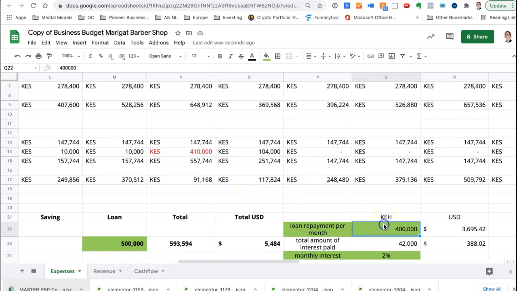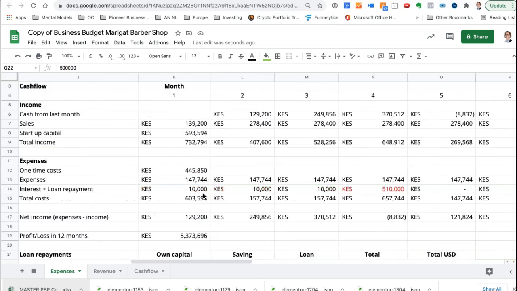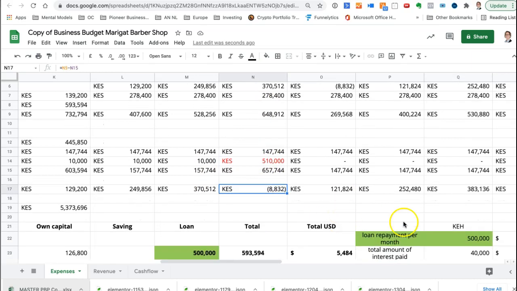But let's say it's 500,000 in 1 month. Here you see in month 4, you're going to lose money. So you can calculate how much pressure the loan repayment will have on your cash flow. In this case, you cannot pay this back because you don't have that money. With 100,000, it's okay.